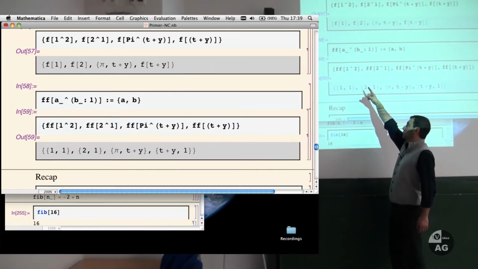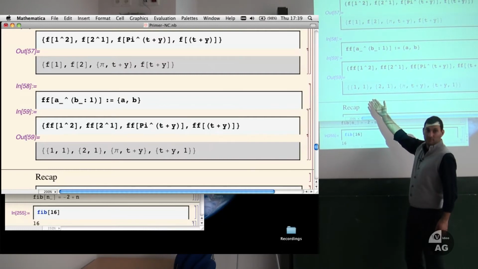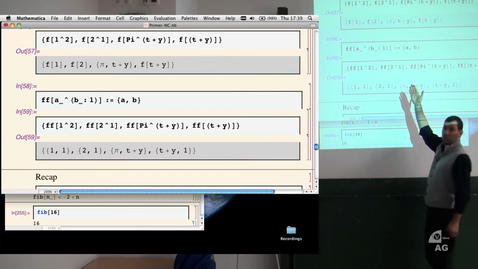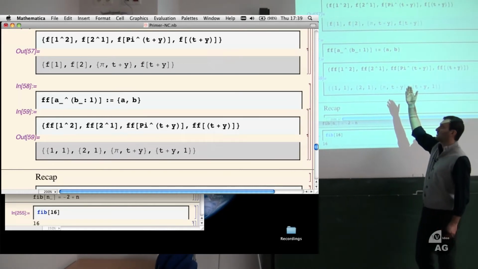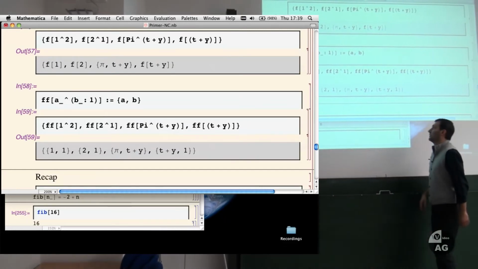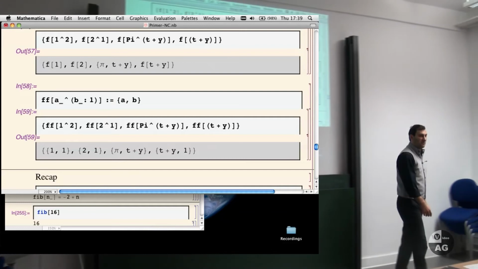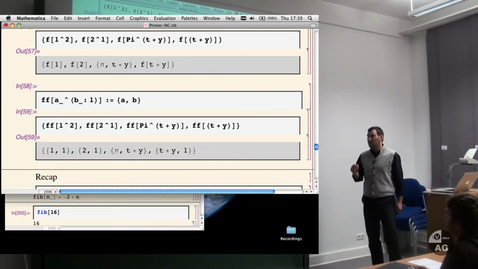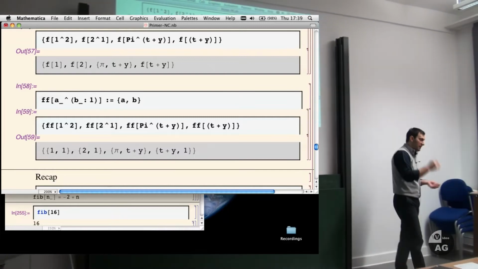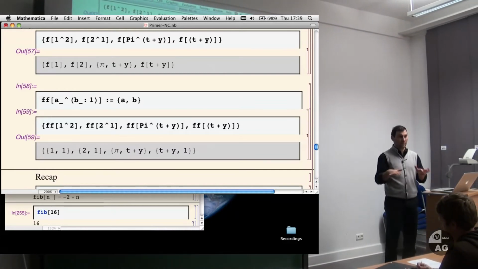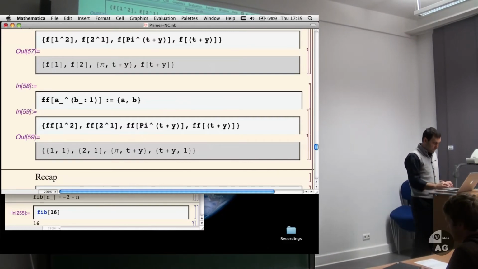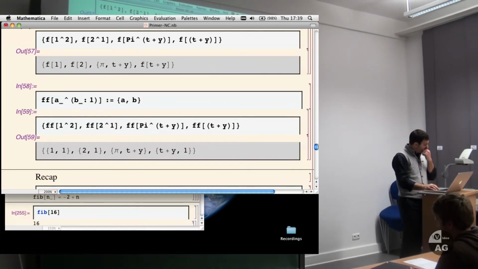Now it matches because 1 to the power of 2 becomes 1, and then it tries the pattern and it doesn't find an exponent, and it says, oh, no problem, let's just assume it's a 1, and now we do get the match. So with optional arguments, it's a way of extending the patterns to match more than one single structure. We can extend them. This is very powerful, by the way.